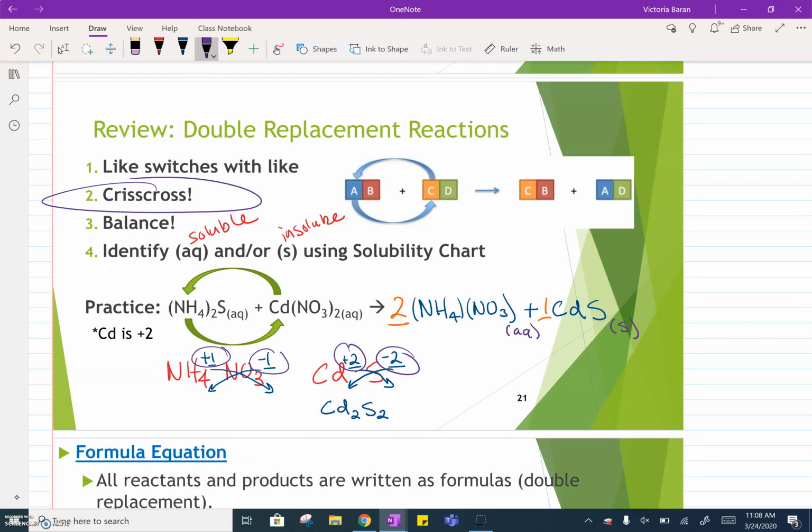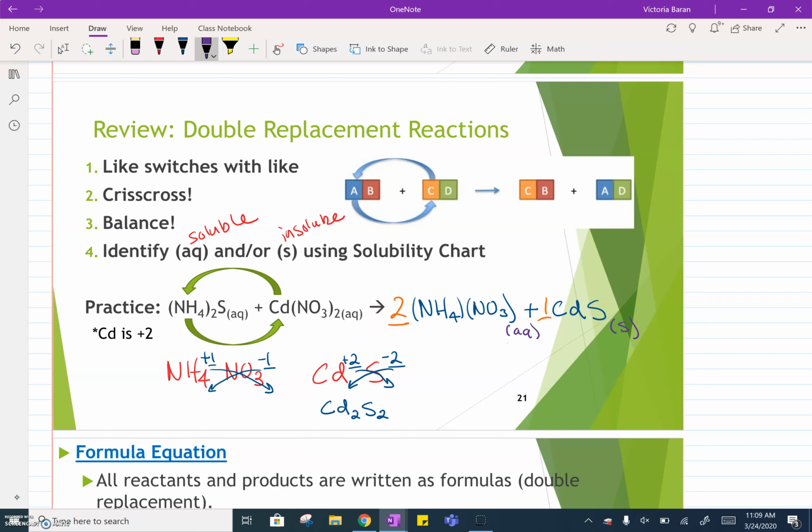And these charges you will find on your periodic table, okay? Then you will do your crisscross, write your products correctly for the new compounds. Then you have to go back and balance. Remember, this side will already be balanced for you.